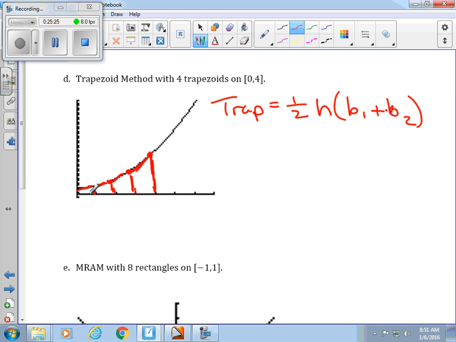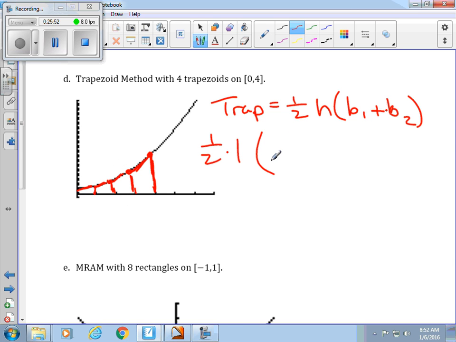On this picture, the heights are the function values, the base is the width of the trapezoids, right? So I'm going to go ahead and factor out 1/2 times 1, because every trapezoid is 1/2 times 1. Does everyone agree? The width or the height's 1, the formula is the 1/2.